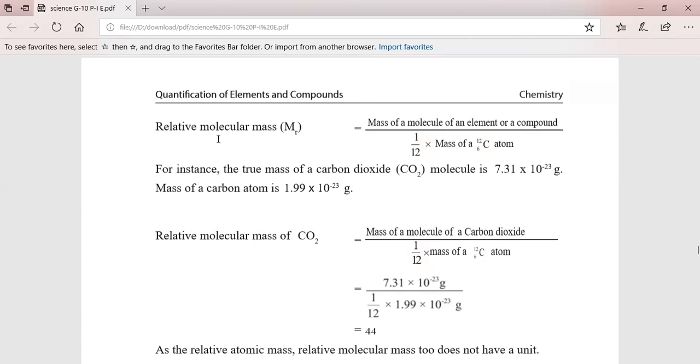This is the equation for relative molecular mass. The symbol is Mr, capital M and small r.